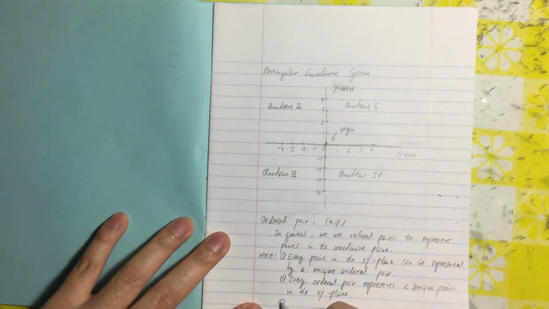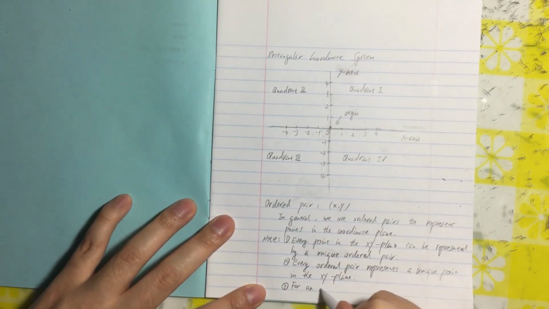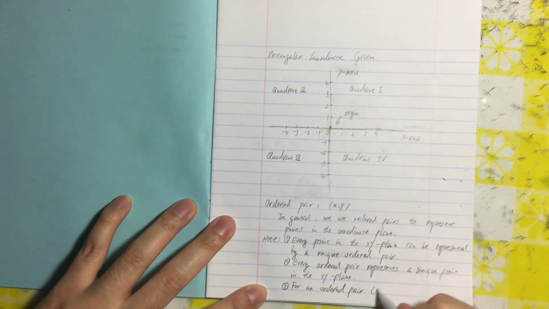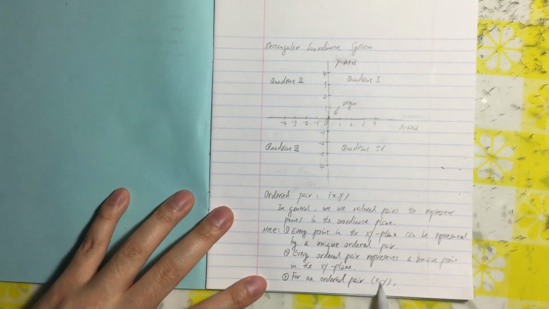Also, for an ordered pair x comma y, the first number always represents the x coordinate.